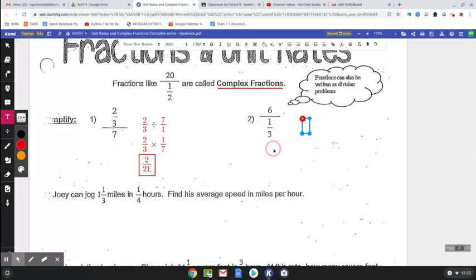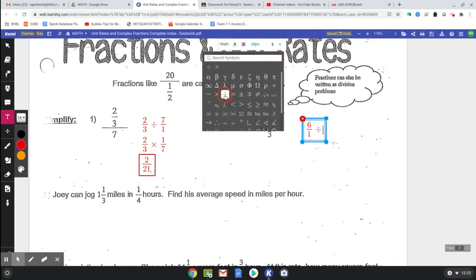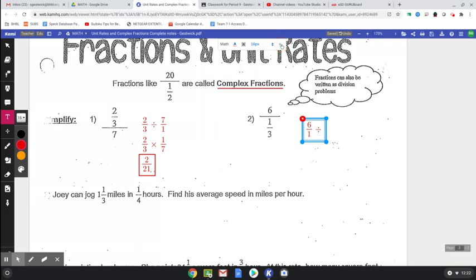All right, so let's see if we can set up the next one. 6 over 1/3. So I'm going to say that's 6 over 1 divided by 1/3. And then again, same strategy here. You're really going to keep, change, flip.